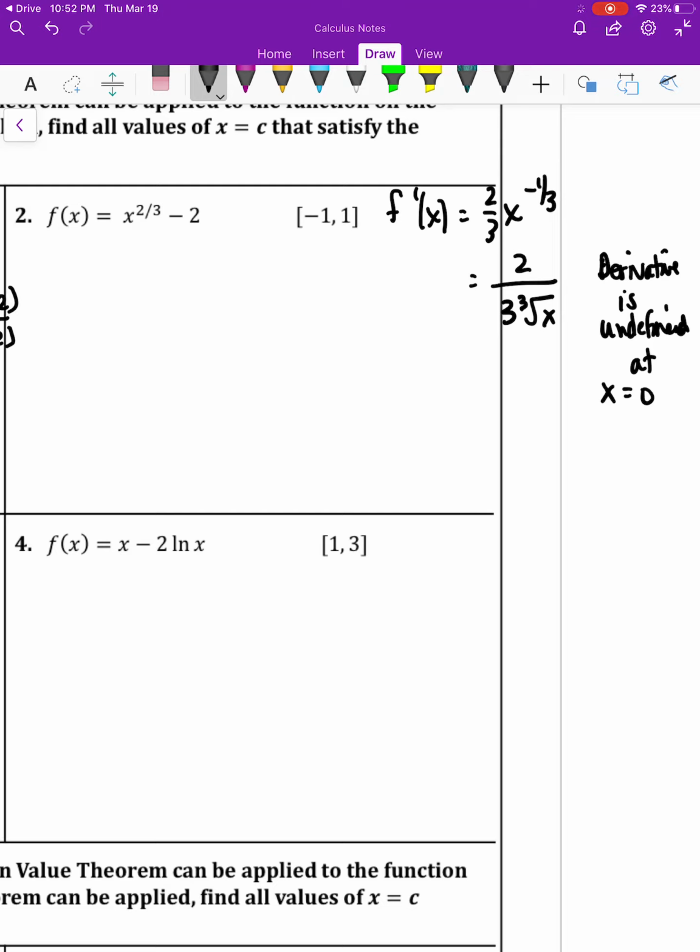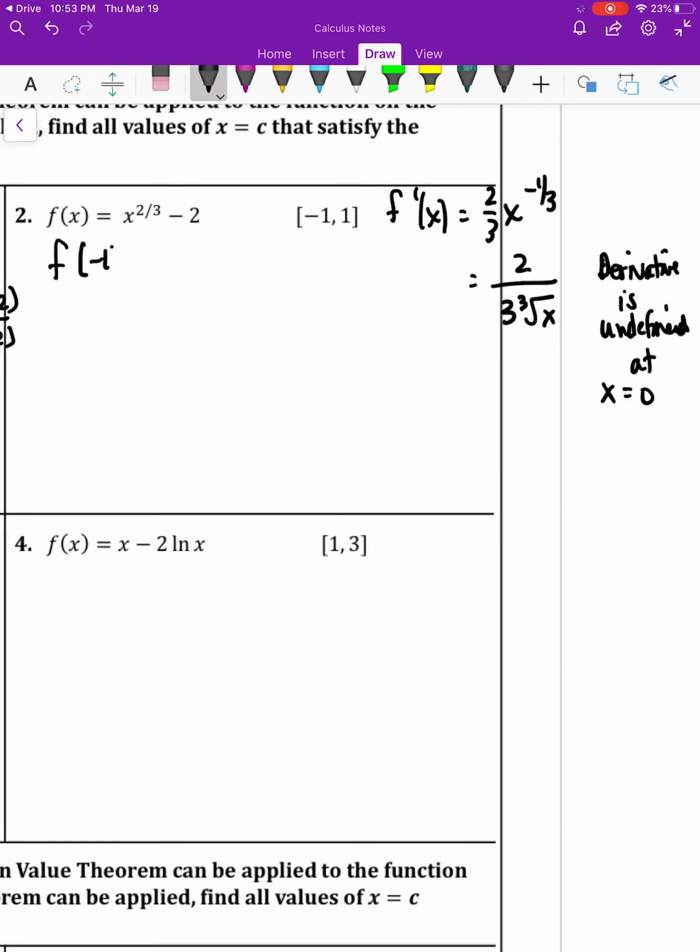And that means since 0 is in your interval, you don't have differentiability. Well, you might have continuity, but you definitely don't have differentiability. I think this is actually a vertical tangent. I'd have to put it in my calculator and look. But I think we've got a vertical tangent going on at x equals 0, meaning that it would have continuity from -1 to 1, but it wouldn't have differentiability from -1 to 1.